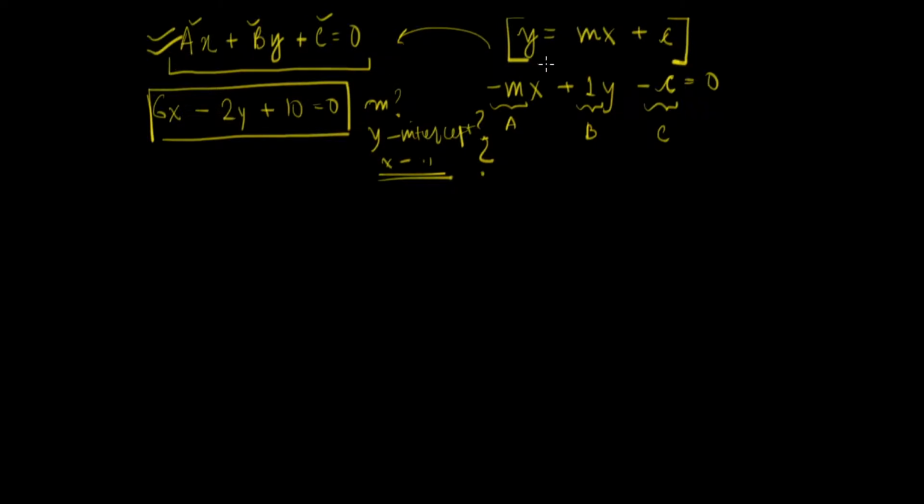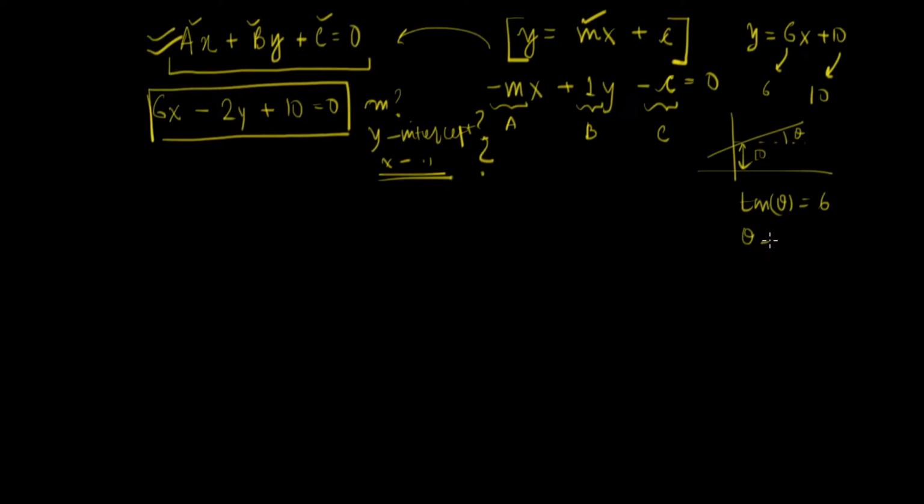Whereas in cases of expressing a line in the manner of y equals mx plus c, you definitely know what the slope is. If y is expressed as 6x plus 10, well, the slope is 6 and the y-intercept is 10. You can also graph the line in that manner, such that this is 10, and you choose theta to be a value such that tangent of theta equals 6.